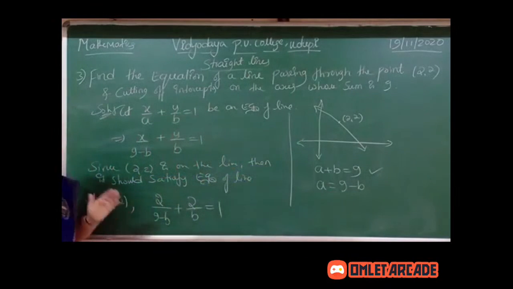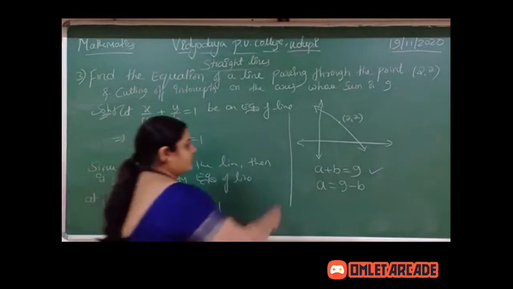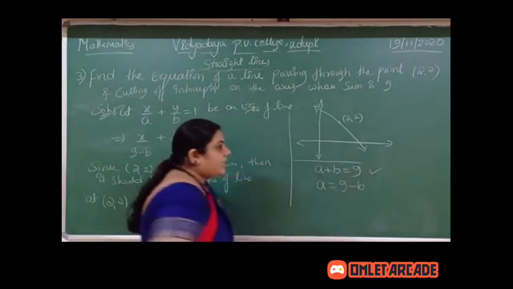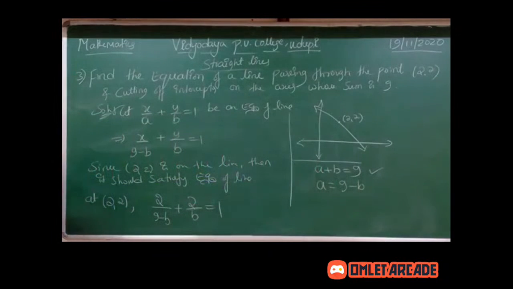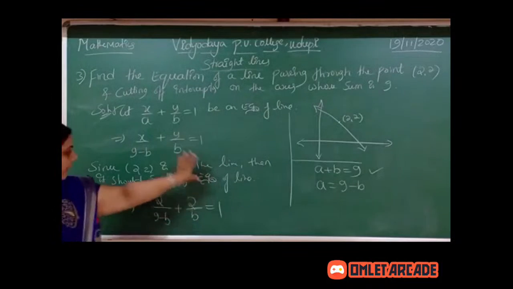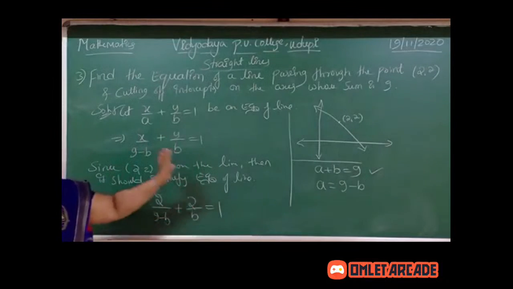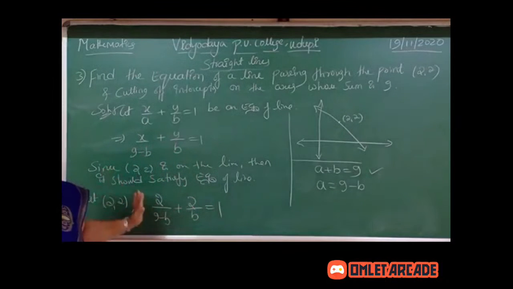But this relation is very important here. Substitute it. Since (2, 2) is on the line, it should satisfy the equation of the line. So at (2, 2), substitute x equal to 2. This is the important concept: if a point is on the line, then that point should satisfy the equation of that line. Is it clear?